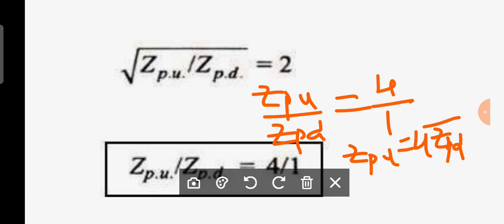That means it is very clear that you should maintain the length by width ratio of the pull-up transistor 4 times greater than the pull-down transistor. Is it clear? That means the L upon W ratio should be maintained for a depletion mode transistor, that is the pull-up transistor, 4 times that of the pull-down transistor. I hope you are clear, all of you.